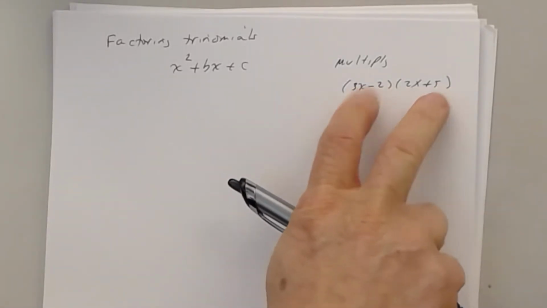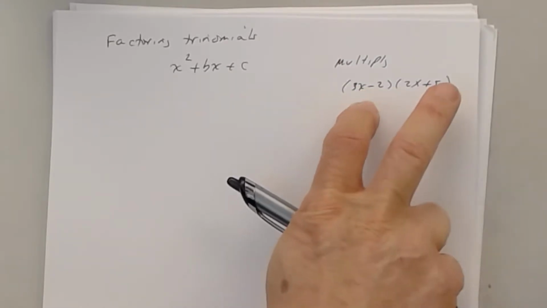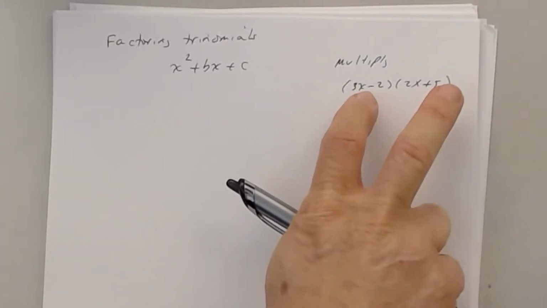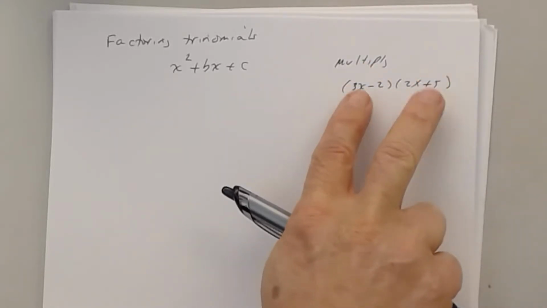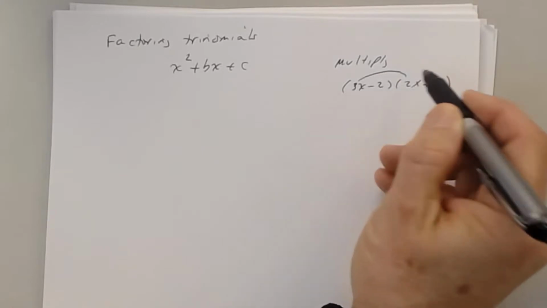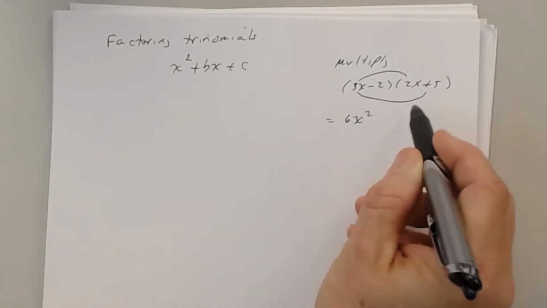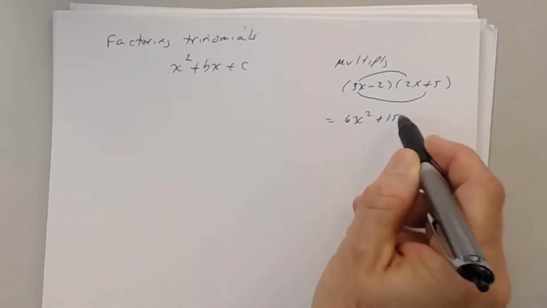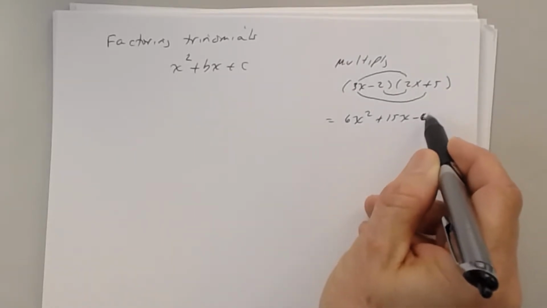But notice, isn't this right here a product of factors? Okay, what are the factors here? 3x minus 2 is one of them. What's the other? 2x plus 5. All right, but if I FOIL this, 3x times 2x is 6x squared. The outer is plus 15x. The inner is negative 4x.